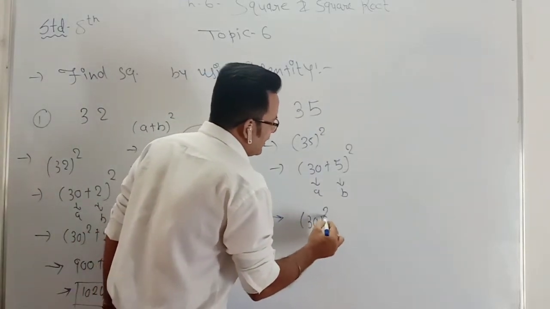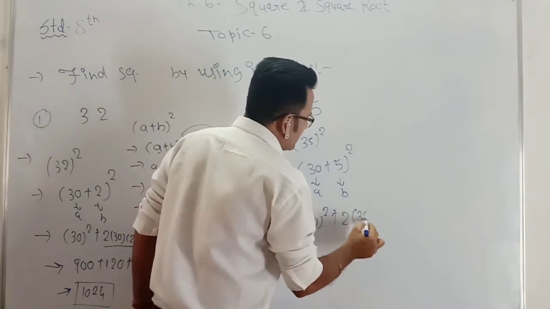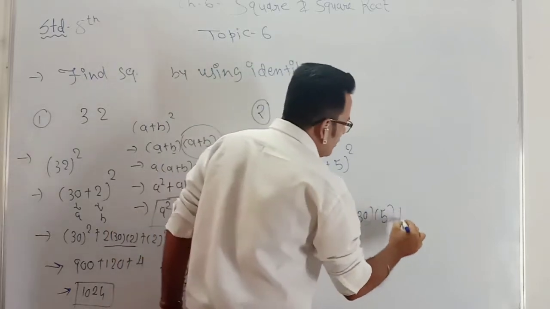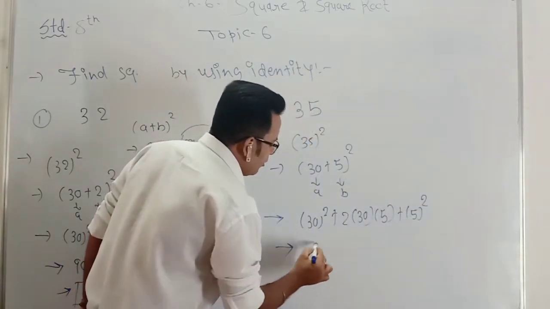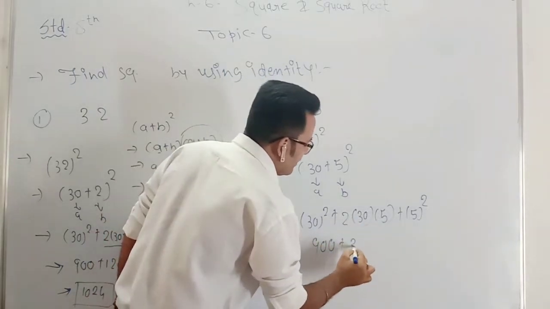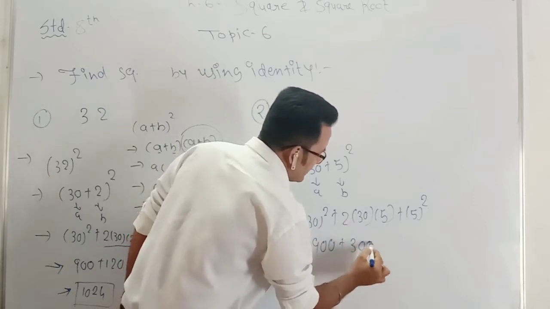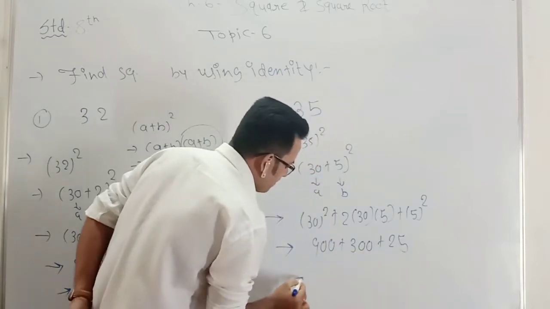So 30 whole square plus 2 into A, which is 30, into B, which is 5, plus 5 square. So 900 plus 2 3s are 6, 6 5s are 30, and 0. So 300 plus 25.